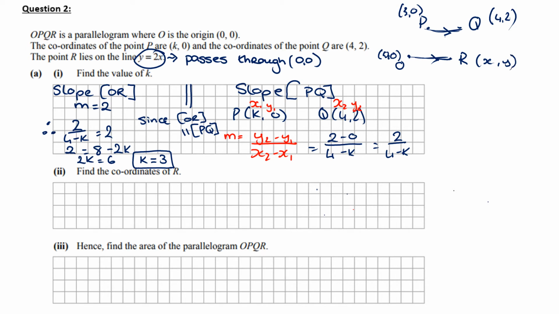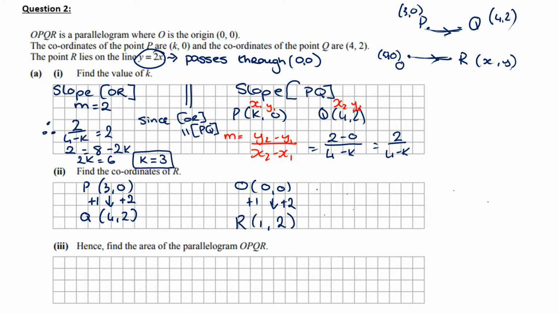Now we can use the idea of a translation. If I go from P (3, 0) to Q, I'm adding 1 to the x part and adding 2 to the y part. By that same logic, I can go from the origin (0, 0), use the same translation and end up at (1, 2), which is R.